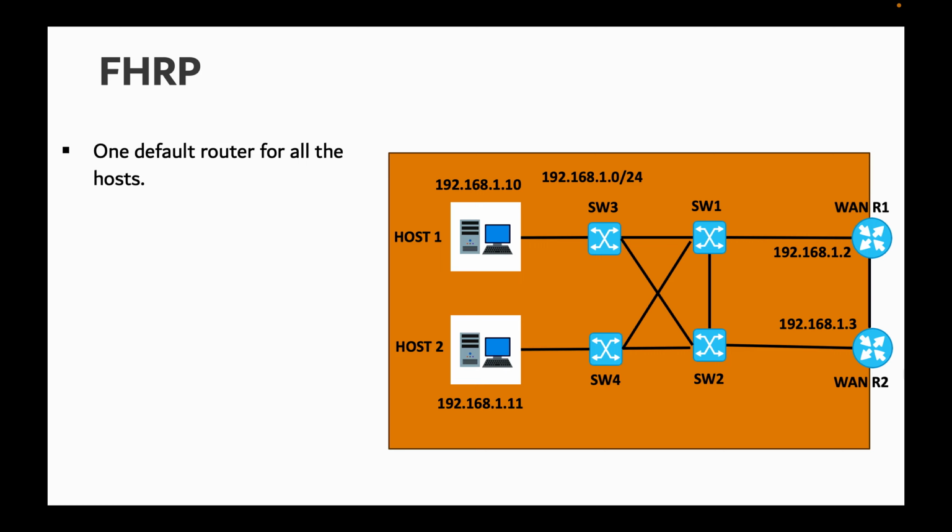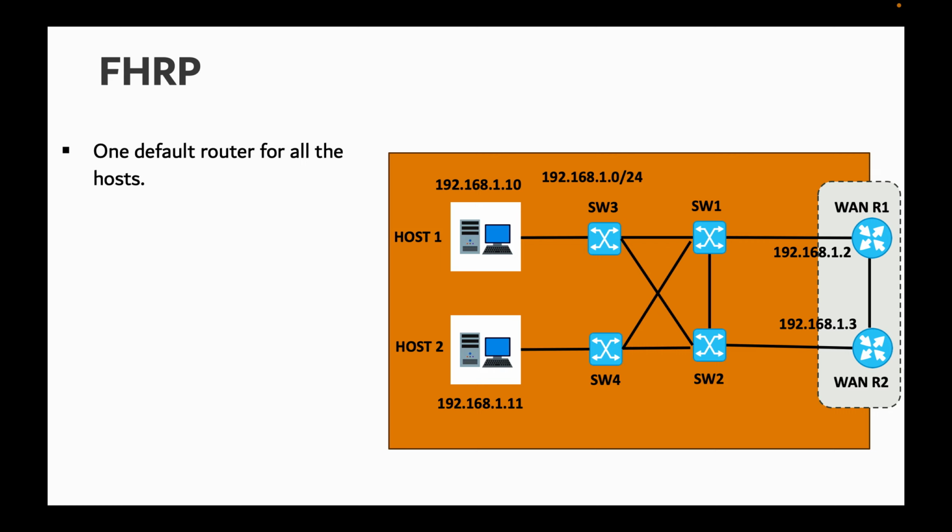FHRP makes this design work better. The two routers appear as a single default router, and the users never have to do anything on their default router setting. The default router setting remains the same on their side, and the ARP table even remains the same.